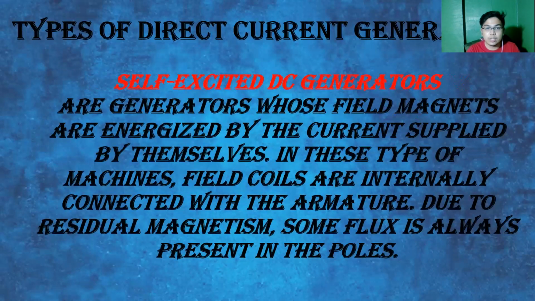Self-excited DC generators are generators whose field magnets are energized by current supplied by themselves. In this type of machine, field coils are internally connected with the armature due to residual magnetism. Some flux is always present in the poles. So, ito yung kumbaga is sinusupply nila yung sarili nila.